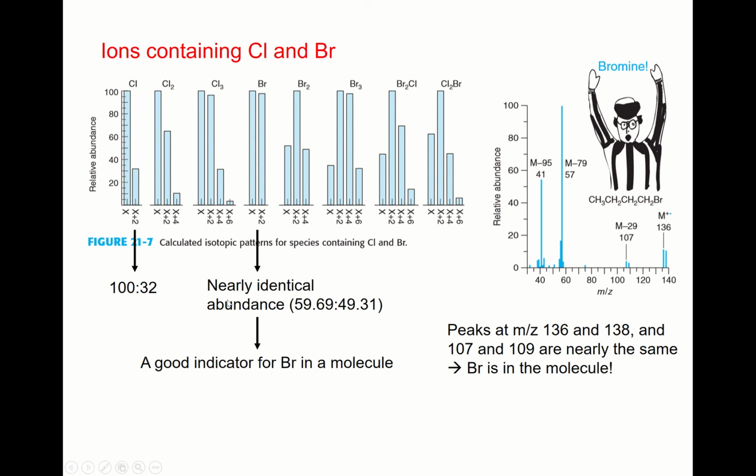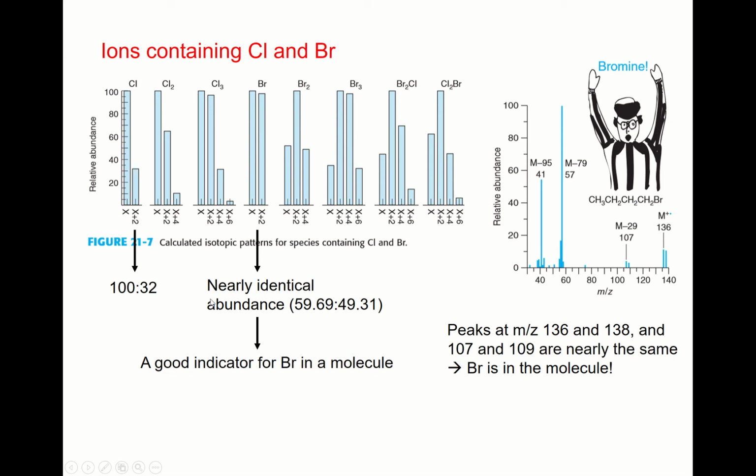For example, chlorine: the most abundant chlorine isotope is mass number 35, and there is also a relatively high abundance of the other isotope, whose mass is 37. So the ratio is 100 to 32.